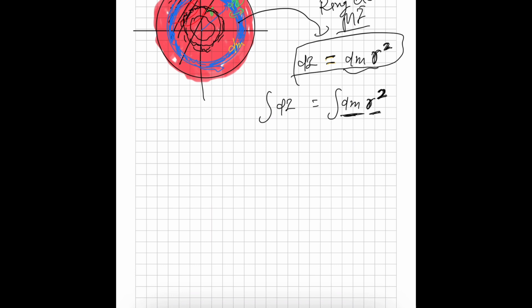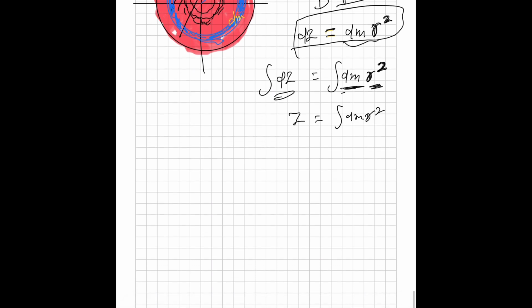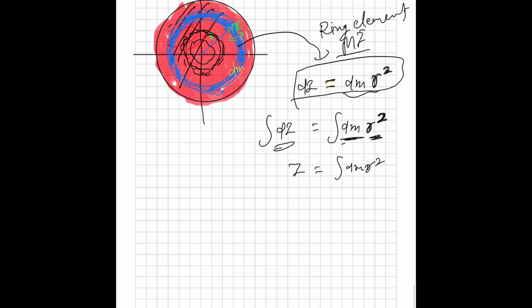The main goal is this: if we are successful in finding this relationship, our integration will be solved and we will get this I. So our purpose is just to find the relationship between dm and small r, and our disk radius is capital R.